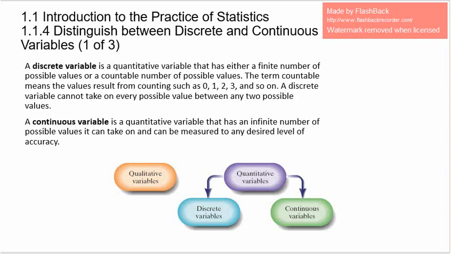And the term countable means the values result from counting, such as 0, 1, 2, 3, 4, 5, etc. A discrete variable cannot take on every possible value between any two possible values. A continuous variable is a quantitative variable that has an infinite number of possible values. It can take on and can be measured to any desired level of accuracy.